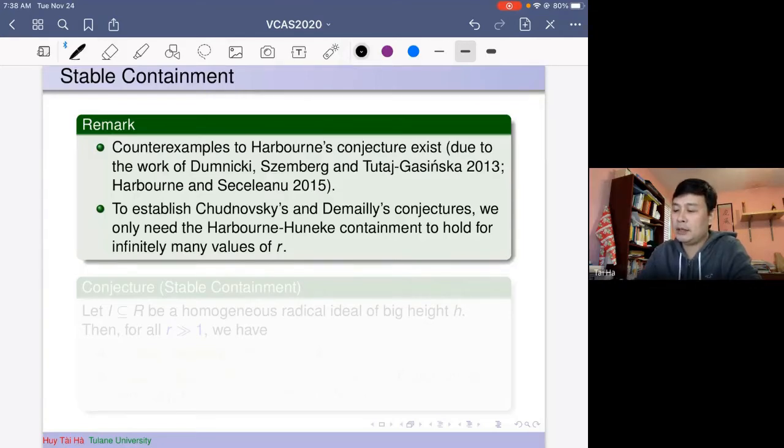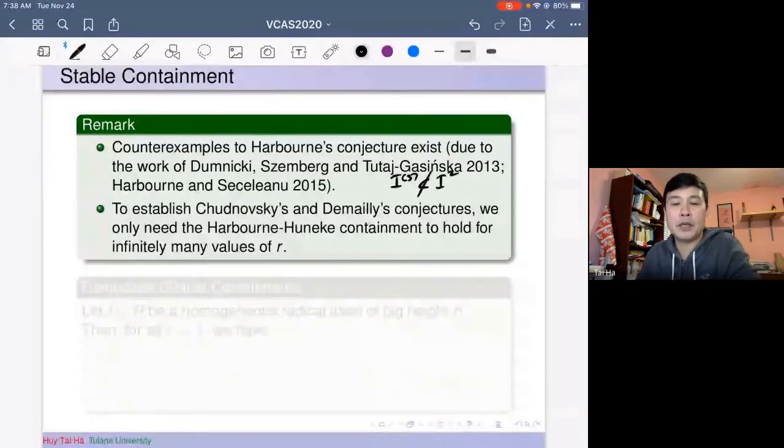So we are looking at the containment I symbolic third power contained in I squared. And those counterexamples say that for given particular ideals, this containment fails.